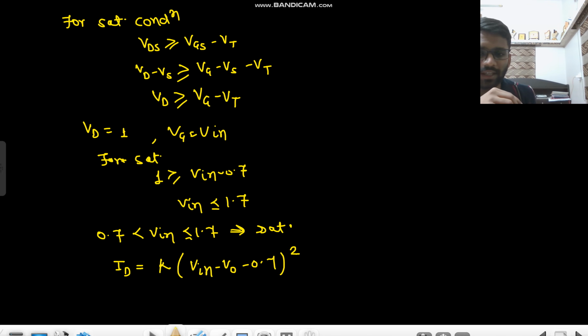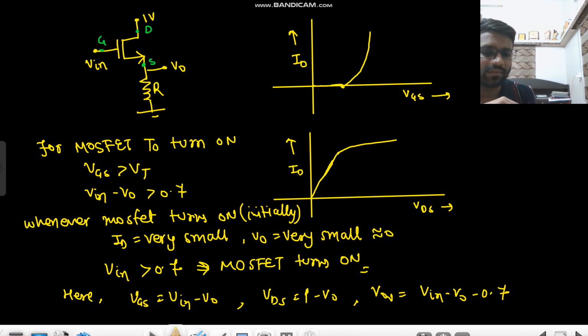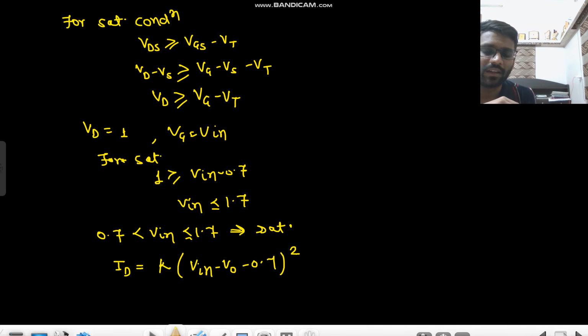Because many times students pick VG minus VT only, and put V in minus 0.7 in the drain current equation, forgetting the source voltage. It happens with me as well. Sometimes I also simply put V in minus 0.7 if I work with VG minus VT. That's why I write VGS in all the expressions, so that I don't miss this.